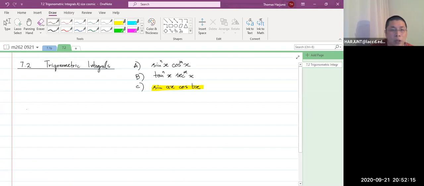Now let's start with the sine cosine ones. Sine to the m of x cosine to the n of x. Now I will do some examples first, and then we look back to the strategy.